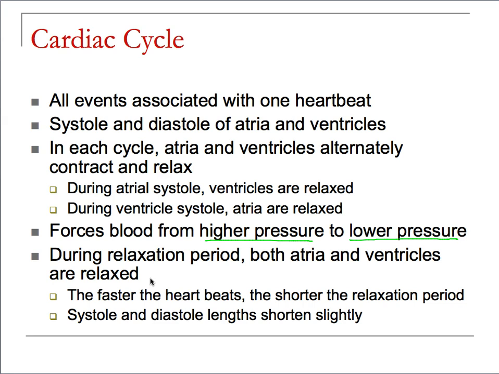Now, obviously, the faster the heart beats, the shorter the relaxation will be, okay? And therefore, both systole and diastole can shorten their lengths slightly. They can't ever be completely stopped, okay? Or made so brief that you can't efficiently push blood from the atria to the ventricles to the systemic part of the body. Okay? Hopefully we'll see how that happens in this next figure.